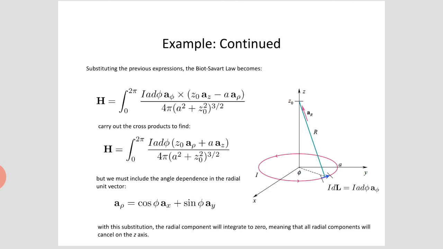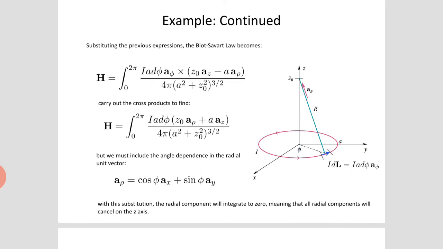Okay, so this is the equation we get after doing the cross product. But we must include the angle dependency in the radial unit vector. So we need to consider a rho, which is nothing but cos phi ax plus sin phi ay. With this substitution, the radial component will integrate to 0, meaning that all the radial components cancel on the z-axis.